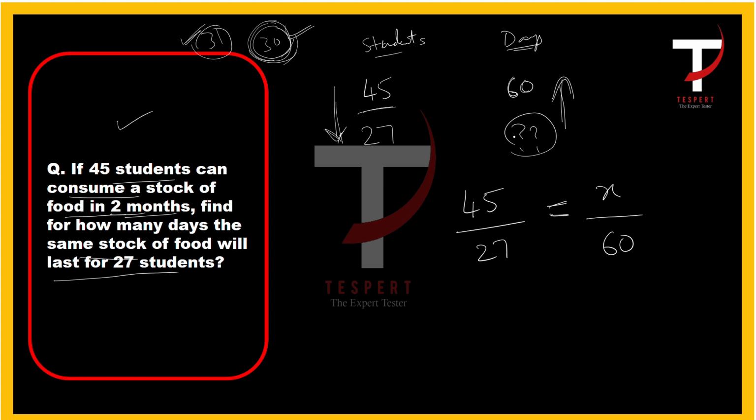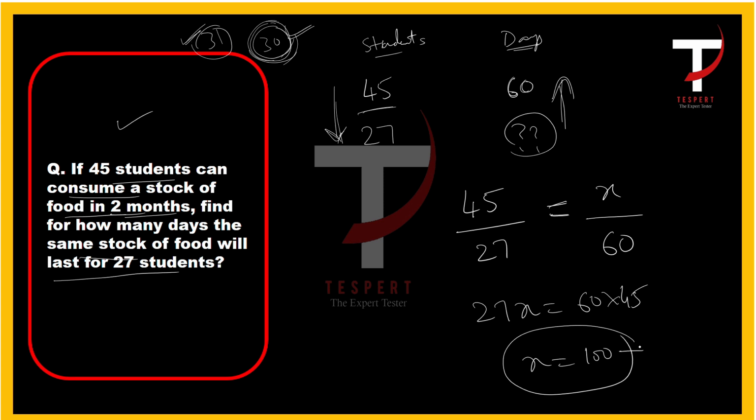So this will be inverted, right? Because this is an indirect variation. So calculate, 27x is equal to 60 into 45 and x is equal to 100. What is 100? 100 days. So for 27 students, the stock of food will last for 100 days.